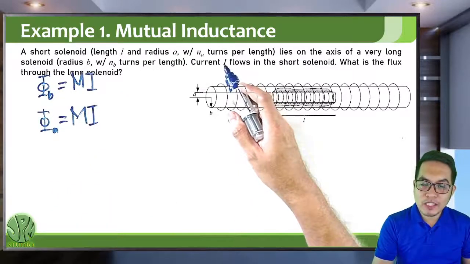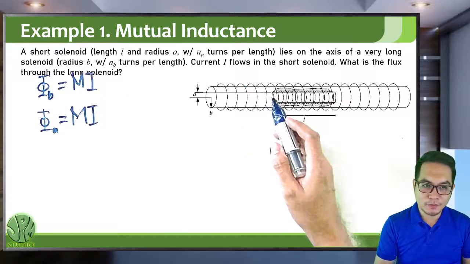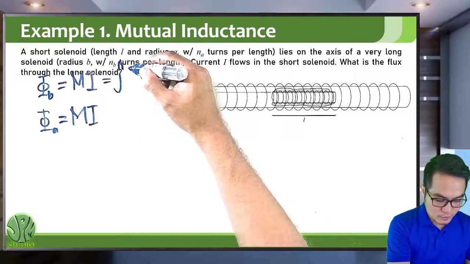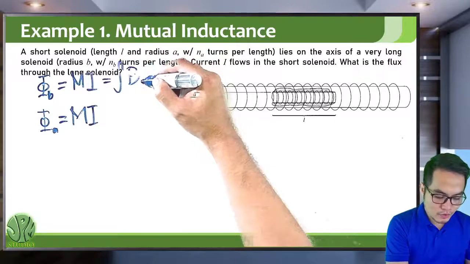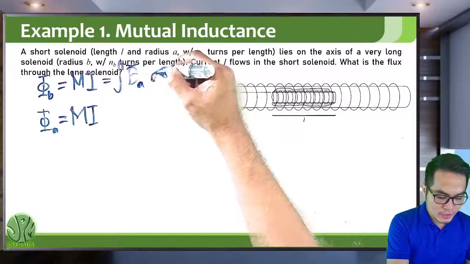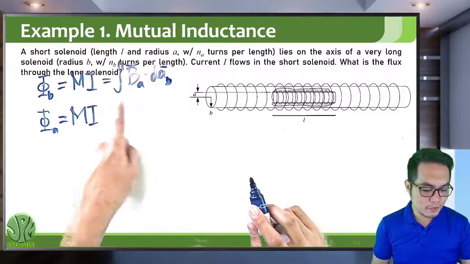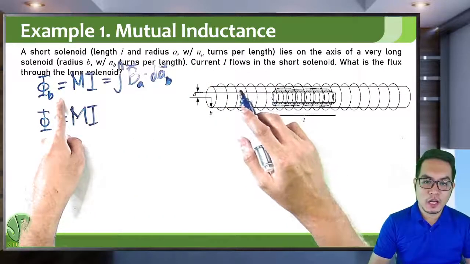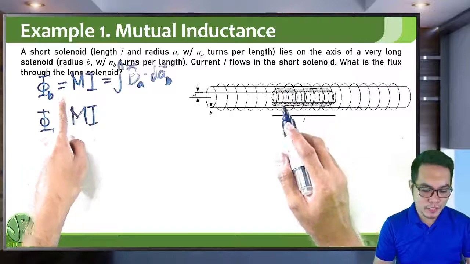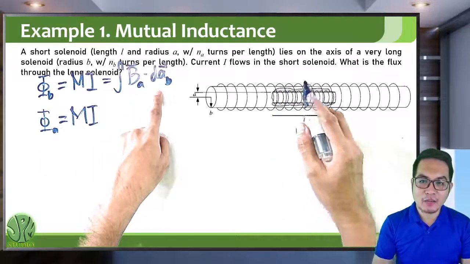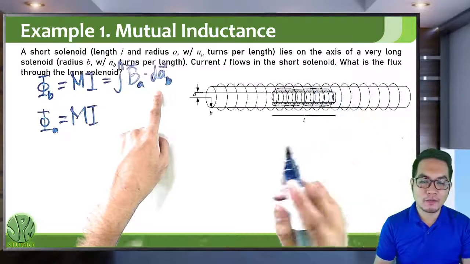Instead of putting the current I in the short solenoid, take note, the flux on B is equal to the integral of the magnetic field of A over the cross-sectional area of B. That's our definition of the flux on B, the long solenoid.